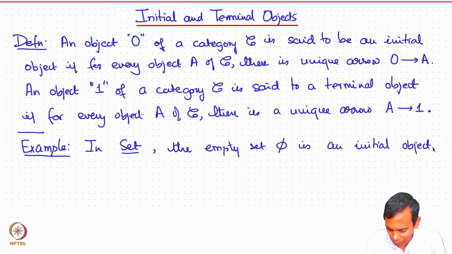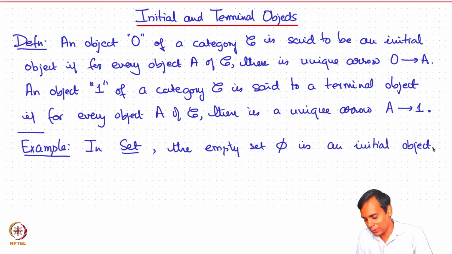And what is the terminal object? Well, in this case, it turns out that there are many terminal objects. Every singleton set is a terminal object, because if you have a singleton set, then there's exactly one function from any set to a singleton set.